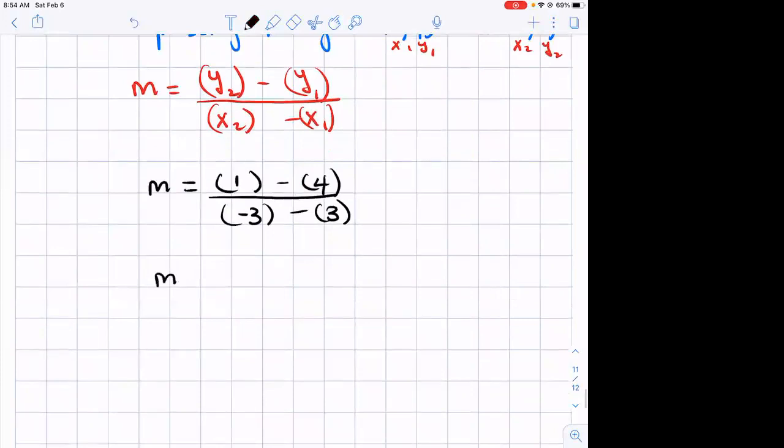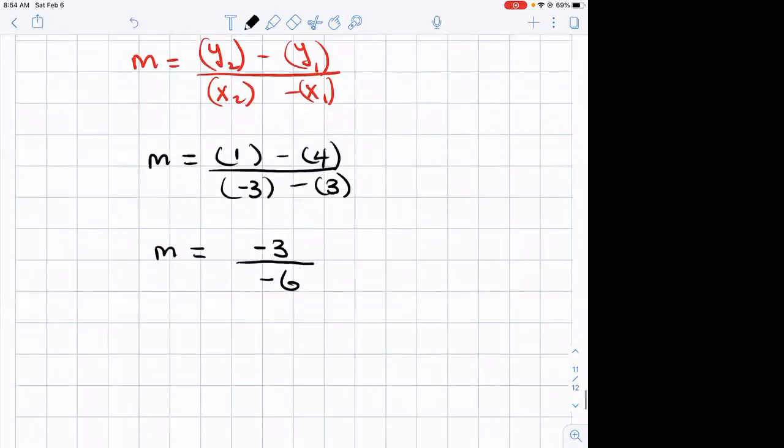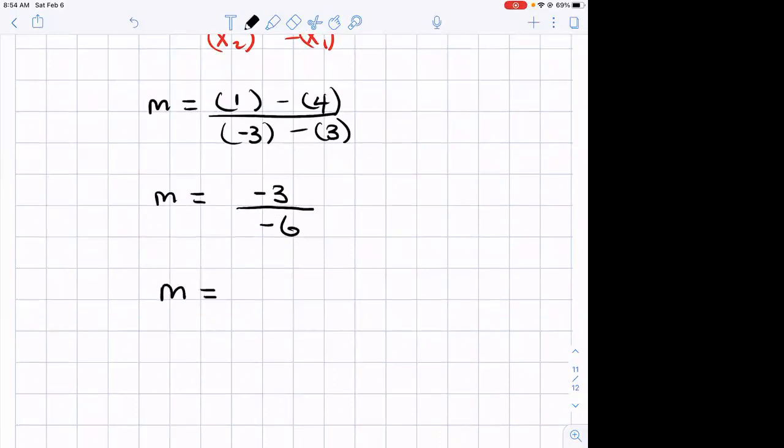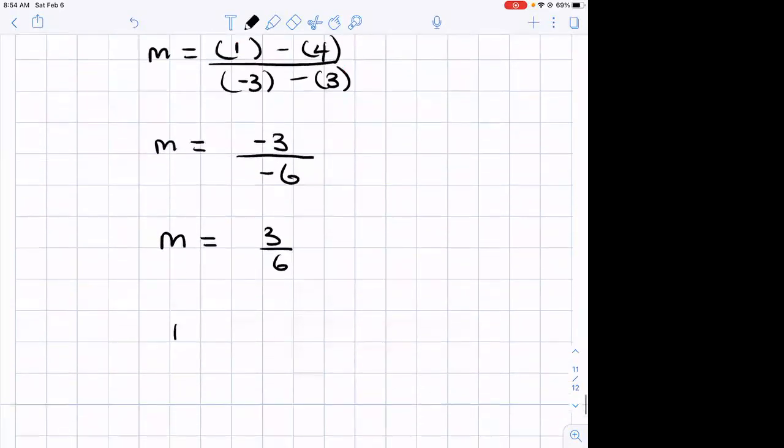So therefore, m is equal to 1 minus 4, which is negative 3, over minus 3 minus 3, which is minus 6. Therefore, m is equal to 3 over 6. And if I divide top and bottom by 3, we get 1 over 3.